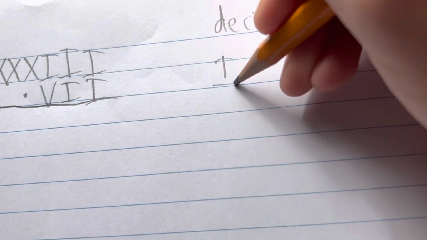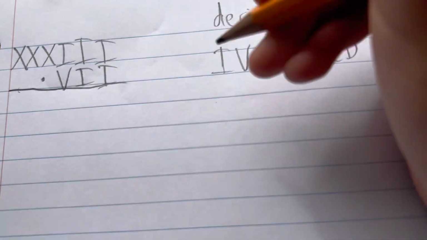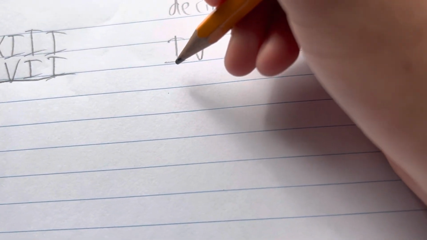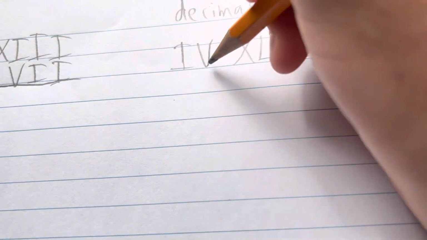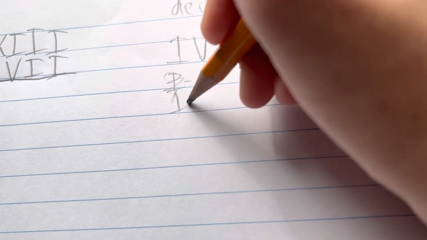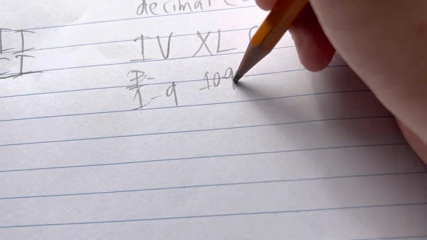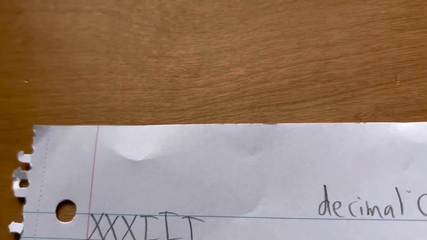And so essentially, I's and V's go together, X's and L's go together, C's and D's go together, and M's, of course, stay by themselves. And this corresponds to the Arabic numeral base 10 system. And this can be anything from 1 through 9, 10 through 99, etc.